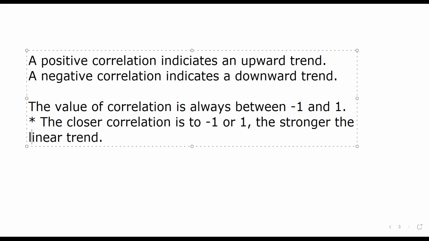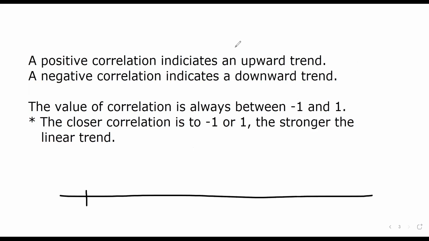In other words, if you have a correlation that is relatively large on this scale between -1 and 1, and what I mean by that is, if I were to draw a number line and put -1 to 1 and 0 in the middle, then the closer the correlation is to 1 or -1, the stronger the linear trend is, the more close to a line your dots make, and vice versa.